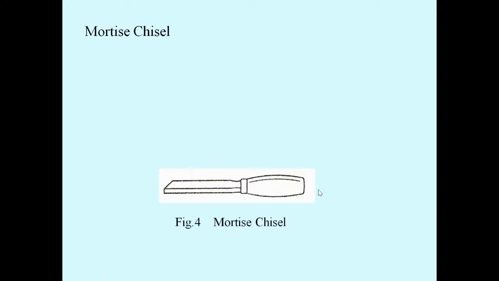Next, the third one is the mortise chisel. You can see the diagram of a mortise chisel here. It is robust and can take heavy blows and deep cuts.